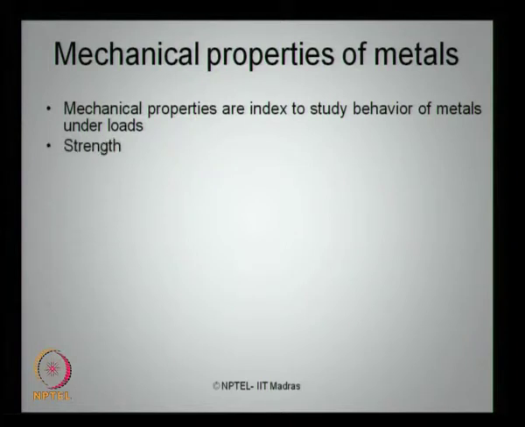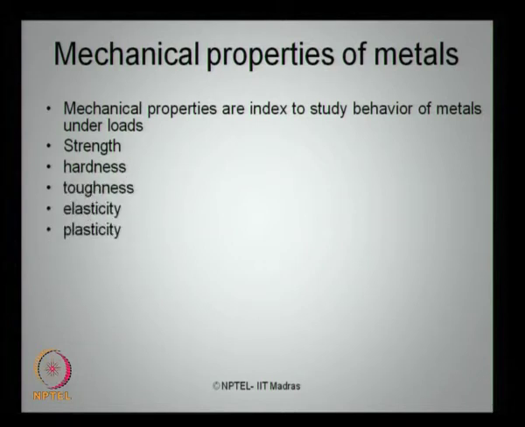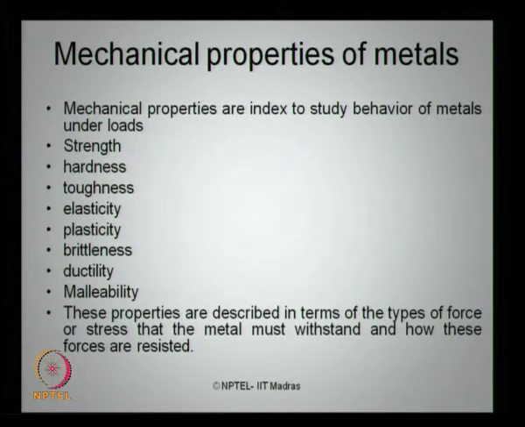For example, strength, hardness, toughness, elasticity, plasticity, brittleness, ductility, and malleability are some of the very important mechanical properties which can be useful to understand the behavior of metals under given loads.